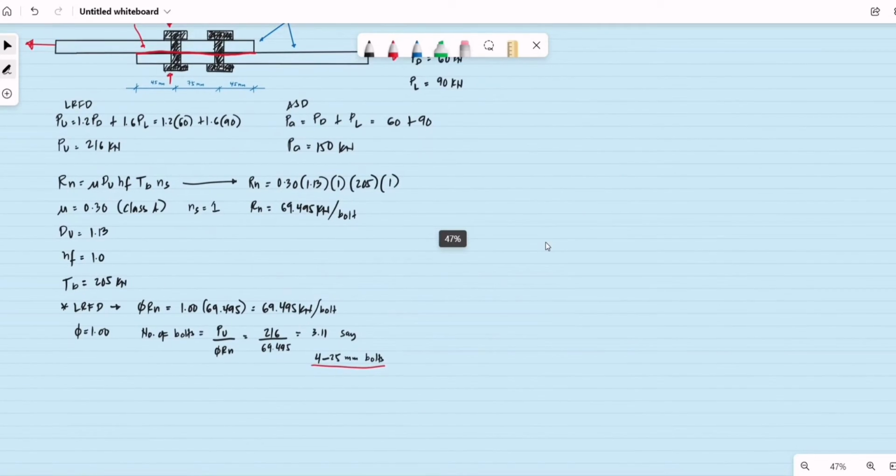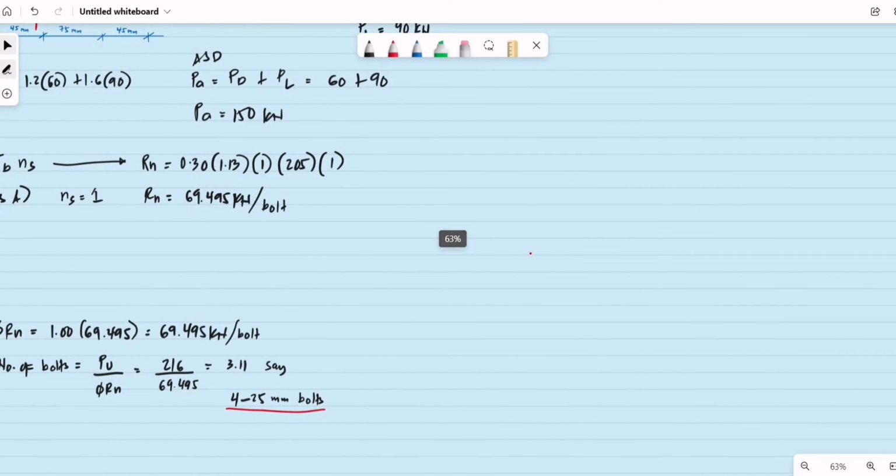So what about for the ASD? For the ASD, we have the factor of safety equal to 2.0.